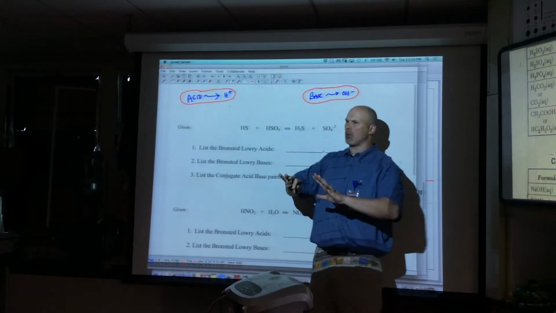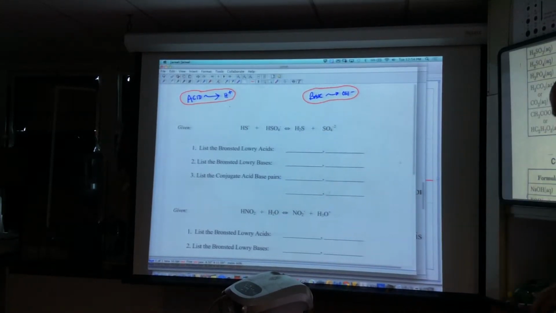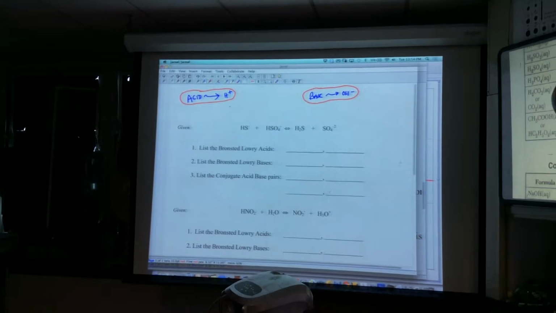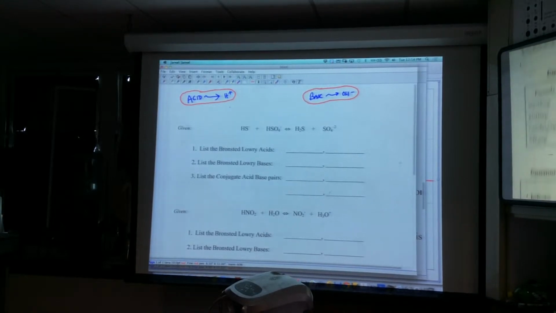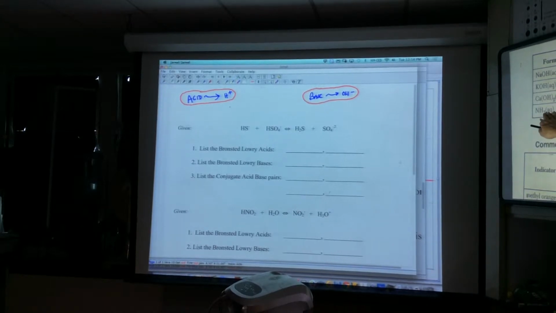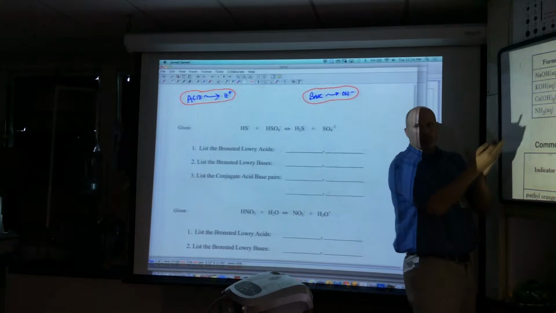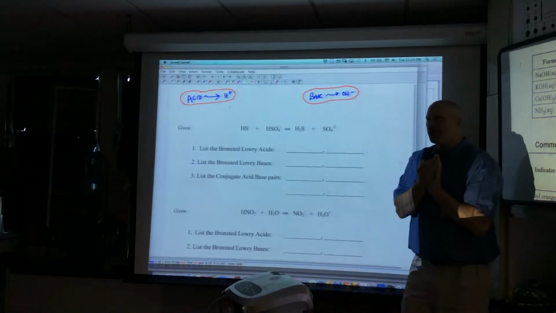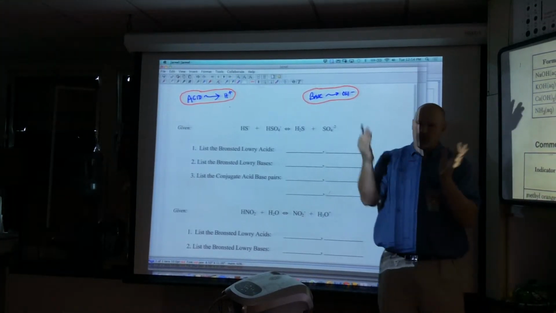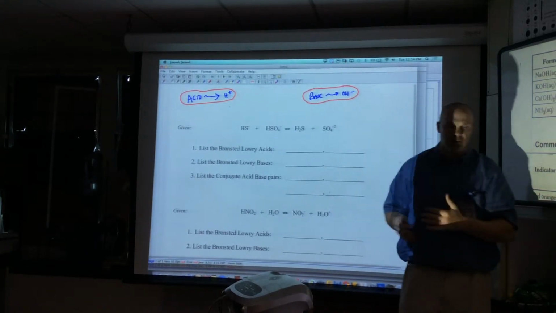So how does that work? Well, it must be from another definition. If you look at table L, where they list the common bases, you notice NH3 is listed there. NH3 doesn't have a hydroxide, yet it's listed as a base. So there's another definition that will encompass other chemicals that affect the pH balance of water.